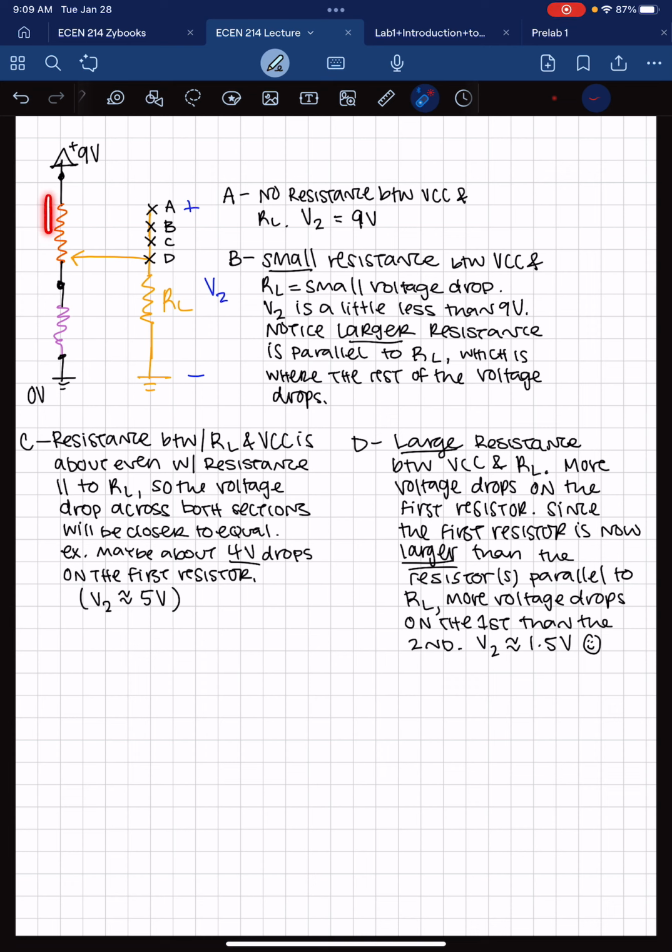So this might be a drop of like 8 volts, which means it's only going to drop 1 volt down there. I think the example I used is 1.5. So it would drop 7.5 volts here, which means the voltage between these 2 points is 1.5 volts. And that's what we did in lab basically.